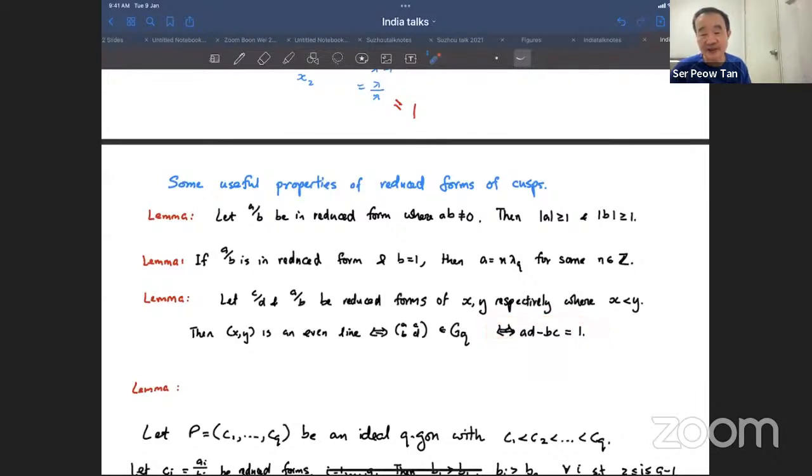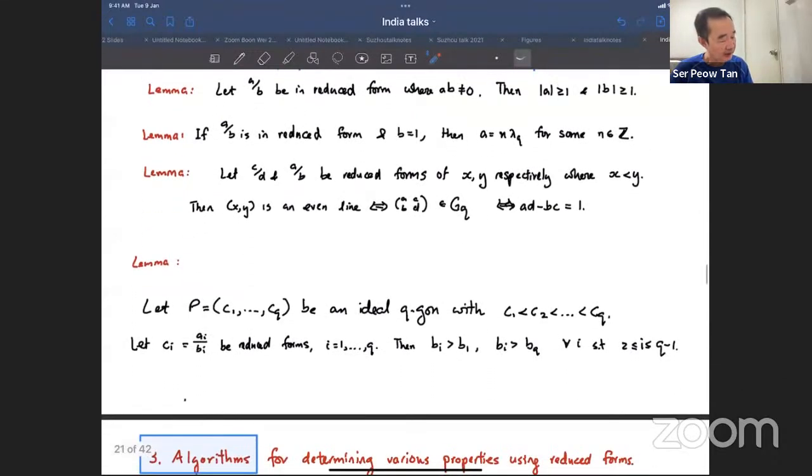If I give you two vertices, and I know the reduced forms, then I just need to check whether this is equal to 1. Okay. Any questions?